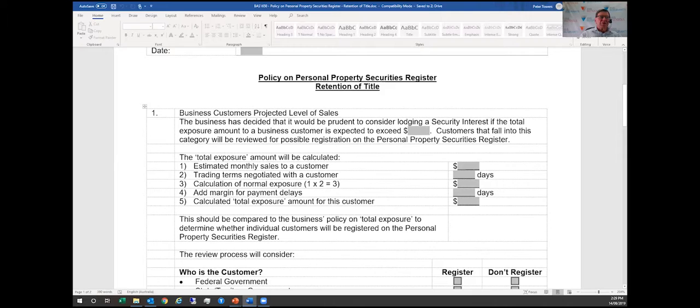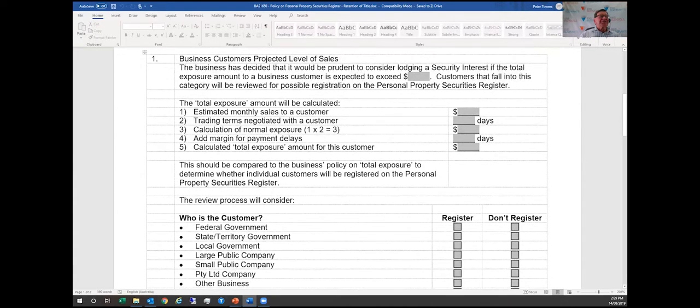So this form requires an estimate as to what the monthly sales might be, what are the negotiated terms, what could be your maximum exposure. And in most cases, I'd be saying it's probably going to be about 90 days sale before someone really realizes there's a problem with this customer.